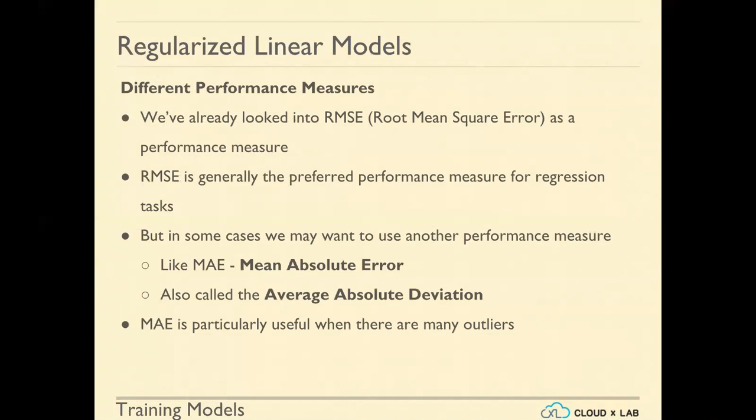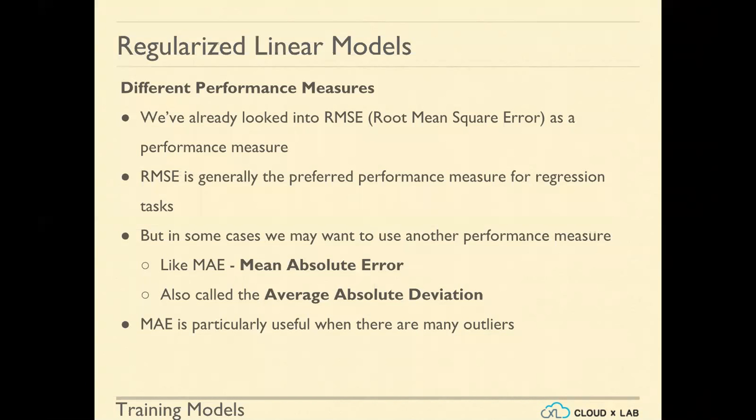Generally, we prefer root mean square error as our performance measure for regression tasks, because root mean square error emphasizes the bigger values more than the smaller values. But in some cases we may want to use another performance measure like mean absolute error, which is also called average absolute deviation.